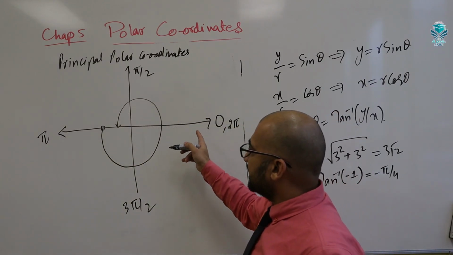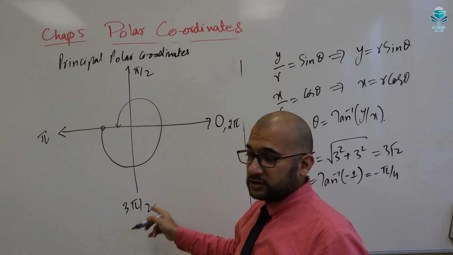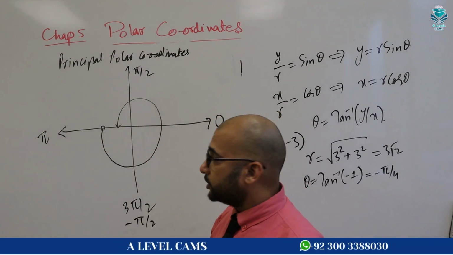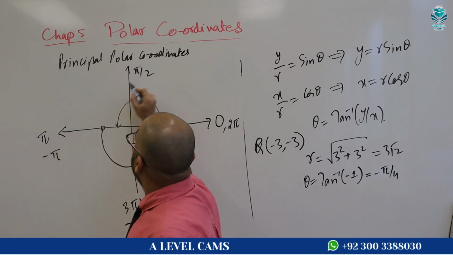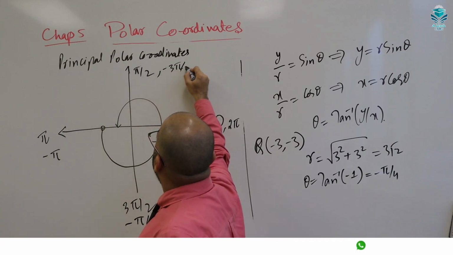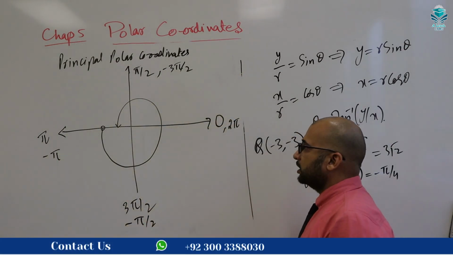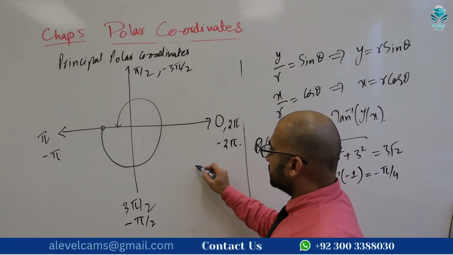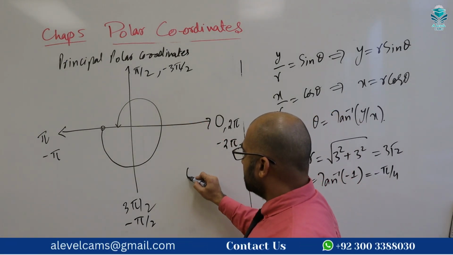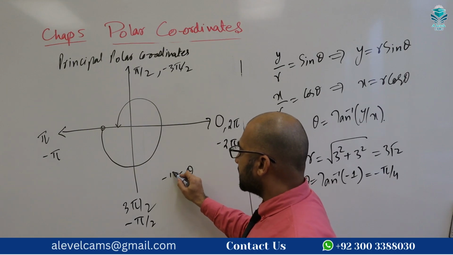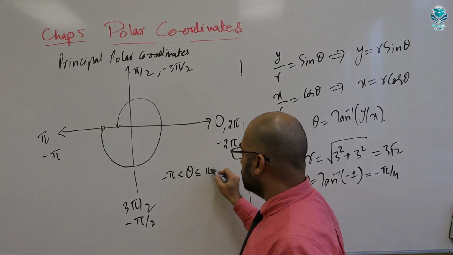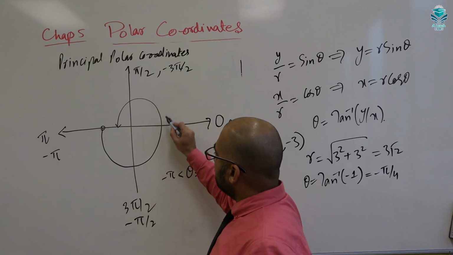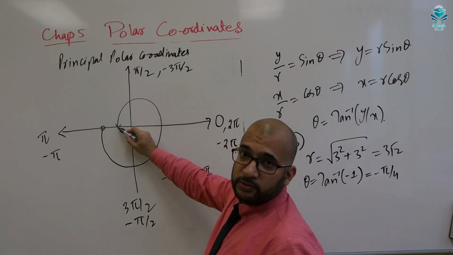I measure this angle anti-clockwise, but for clockwise you have minus pi by 2, minus pi, minus 3 pi by 2 and minus 2 pi. Understand? So for the principal polar coordinate, theta always lies between minus pi and pi, which means you start from here and have a complete circle up to pi.